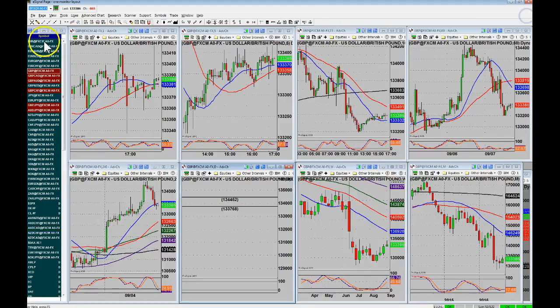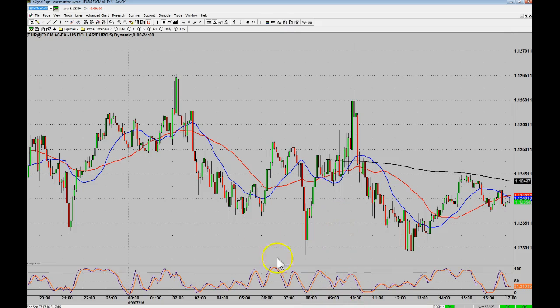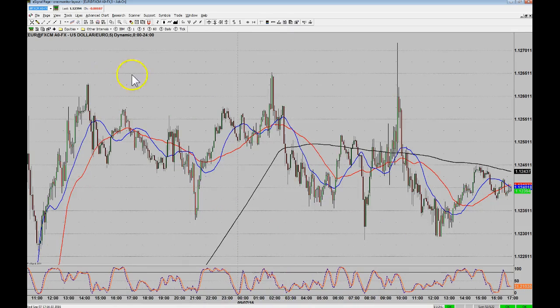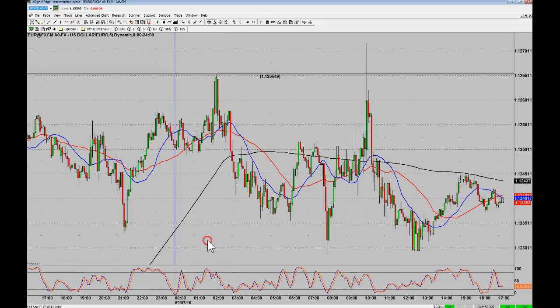Usually what happens, like with today, with our euro dollar, and how we talked about the stop run this morning on the 5-minute chart. Remember, from the very first thing this morning, there's your midnight candle, where the blue line is. I talked about this and said that's where the stops are located. After midnight, they ran it from here, and they ran it from there, and they popped it. Well, there's your London stop run.